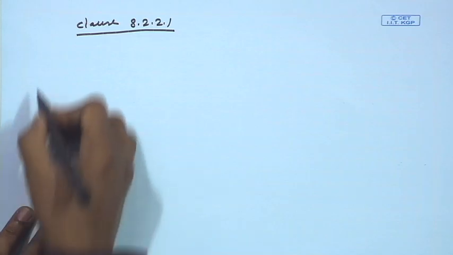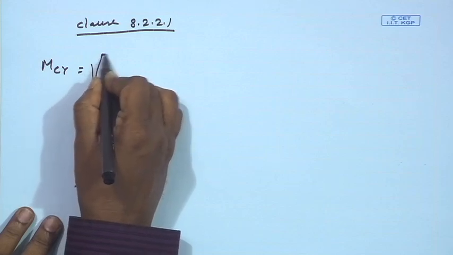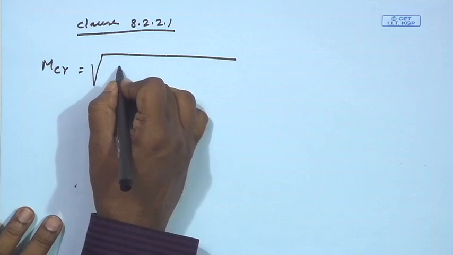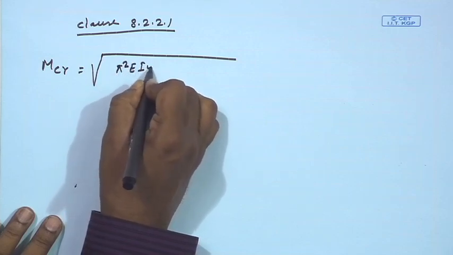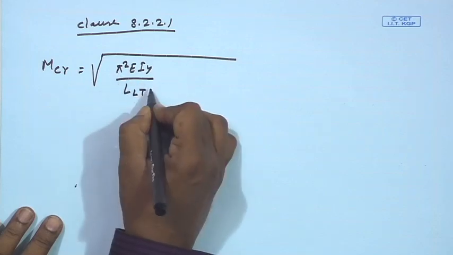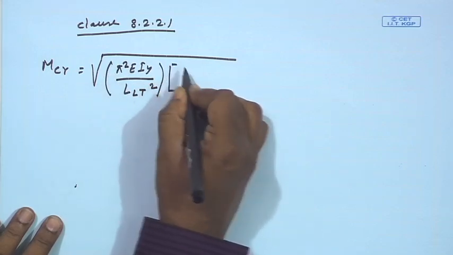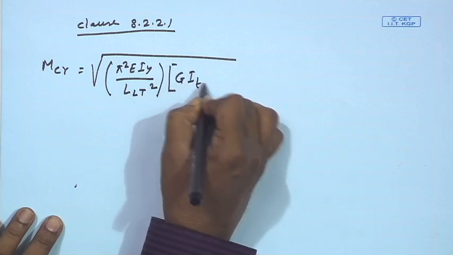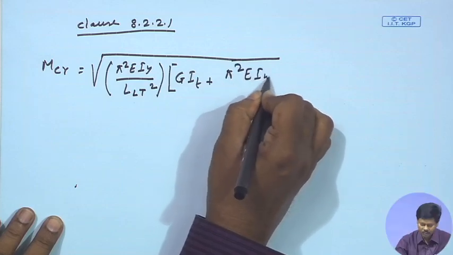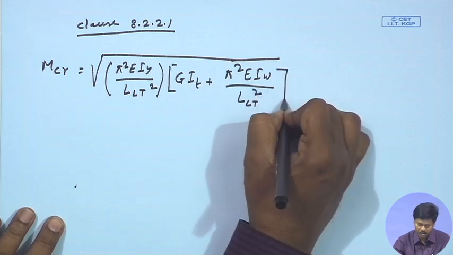We can find out the elastic lateral buckling moment MCR, and a formula has been given for calculating the value of MCR, that is pi square E I y by L T square into G I T plus pi square E I W by L T square, right.